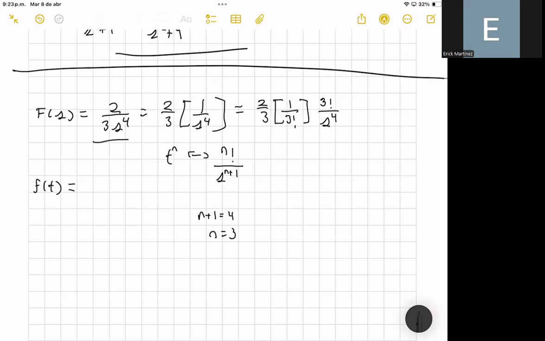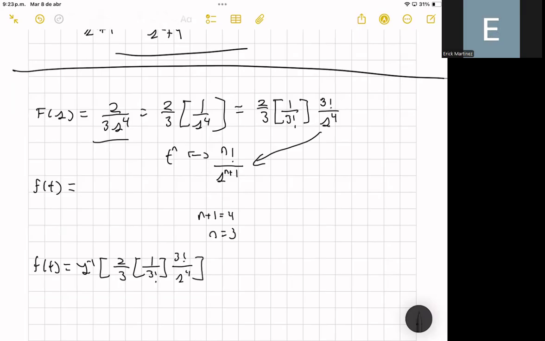And now you can see that this looks very similar. Now we can apply the inverse Laplace transform to all of this. So we have here that f of t is equal to the inverse Laplace transform of 2 divided by 3 times 1 divided by 3 factorial times 3 factorial divided by s elevated to the 4th power.